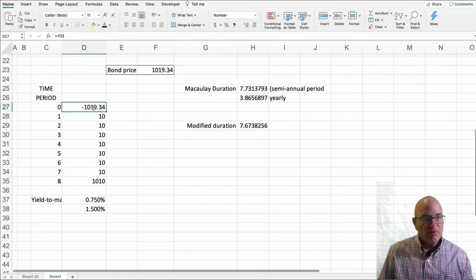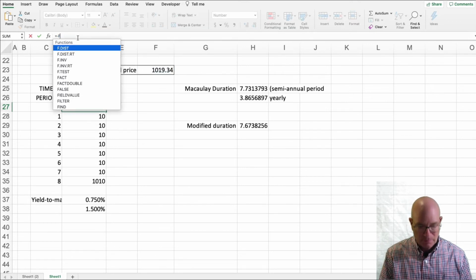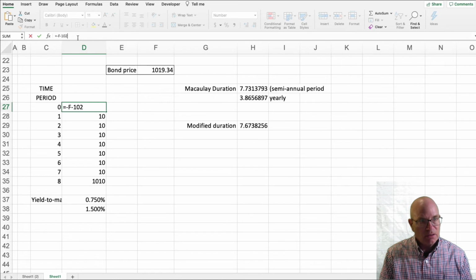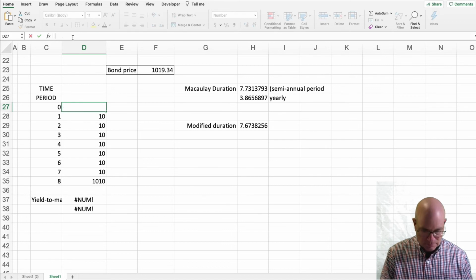But now, let's say we know the price and it's 1020. We can use, if we know the price, 1020. We've got to put a minus sign in there because otherwise it doesn't solve.